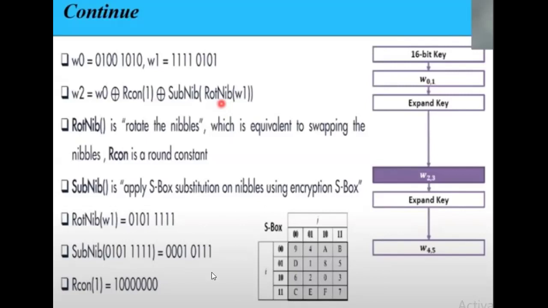Next, what we have to do is first perform rotate nibble on W1. This is the W1 value: 11110101. This is nothing but swapping the first nibble with the second. Once you are done with the rotate nibble, then comes the substitute nibble operation.